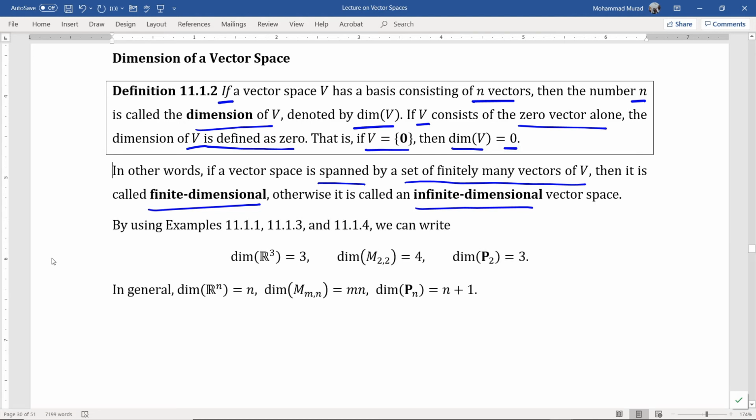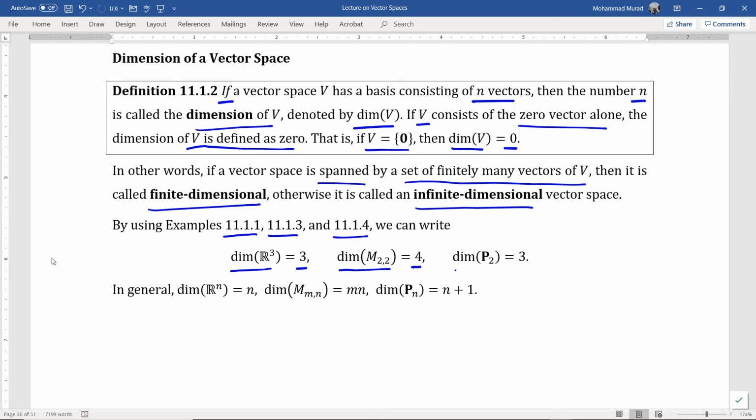By using examples 11.1.1, 11.1.3, and 11.1.4, we can write the dimension of R3 space is equal to 3. Similarly, the dimension of the vector space M sub 2,2 is 4.